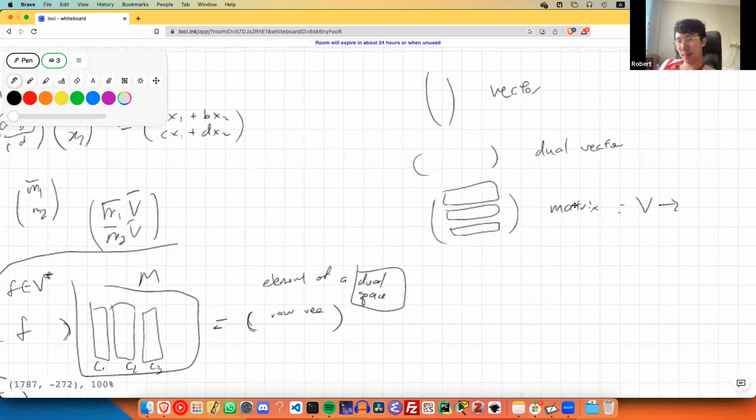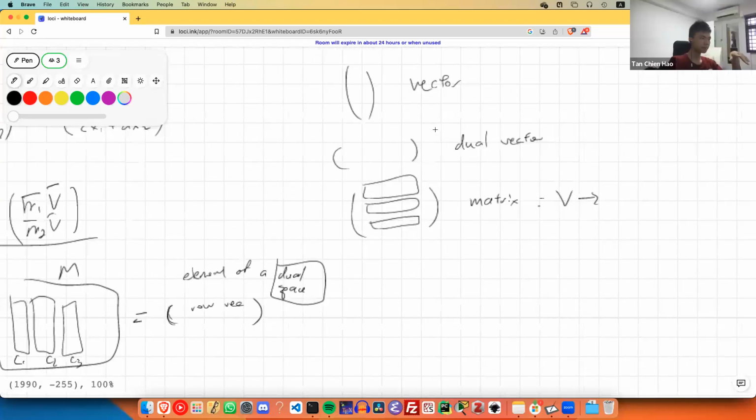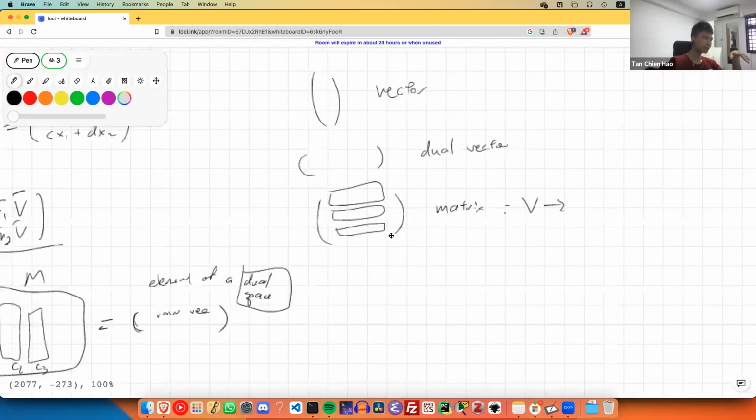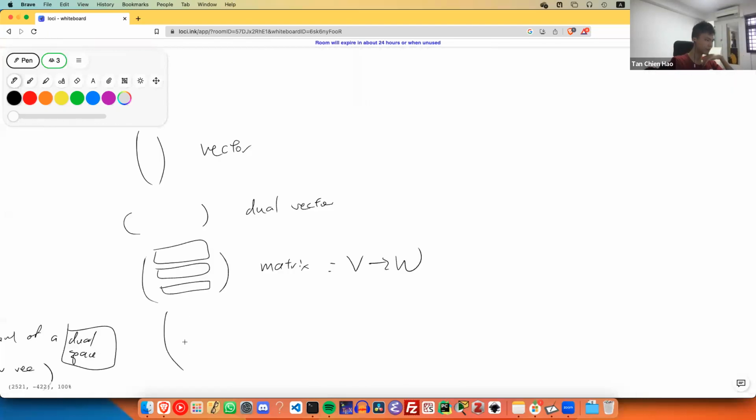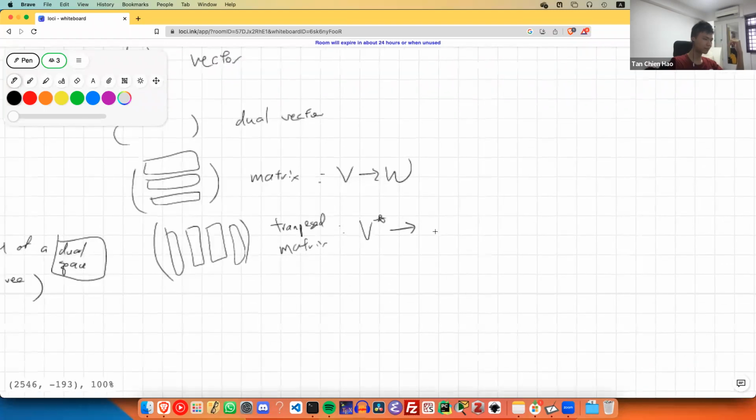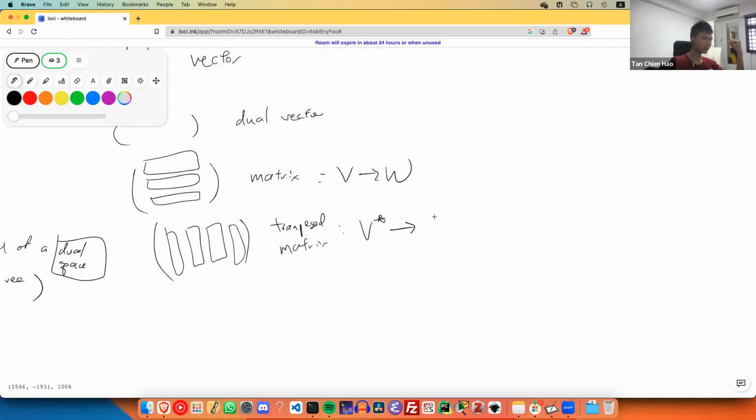On the other hand, if we take the transpose of this matrix, all the row vectors become column vectors, and this transpose matrix can be thought of as a map from V star, mapping elements of V star to some dual space, to some row vector.